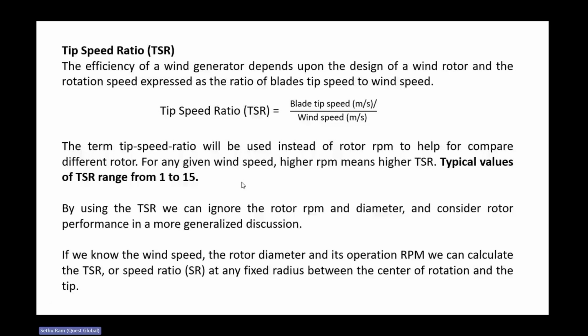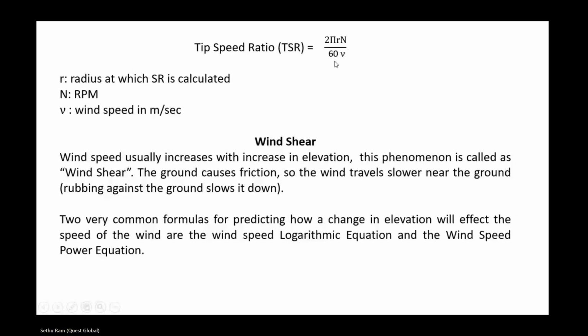If we know the wind speed, the rotor diameter, and its operational RPM, we can calculate the tip speed ratio. That is 2 pi R N by 60 divided by V. Here R is the radius at which the speed ratio is calculated, N is the RPM, and V is the wind speed in meters per second. Okay.